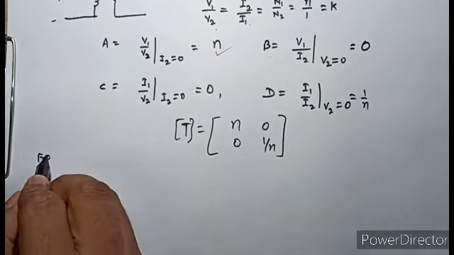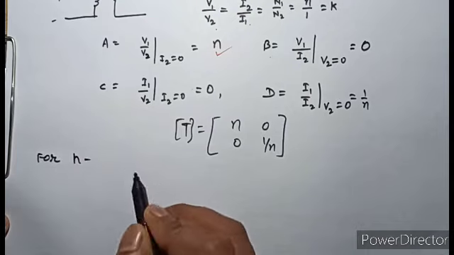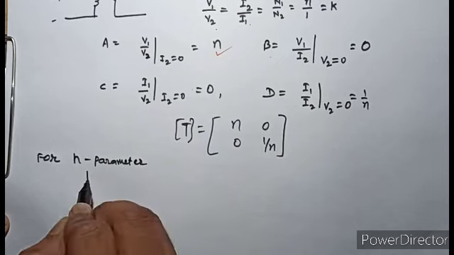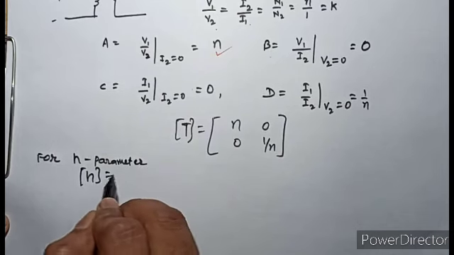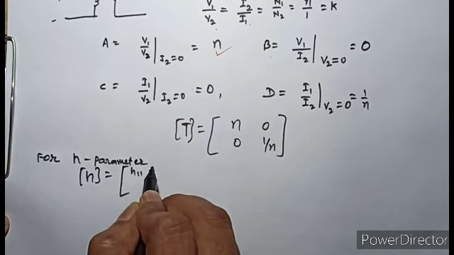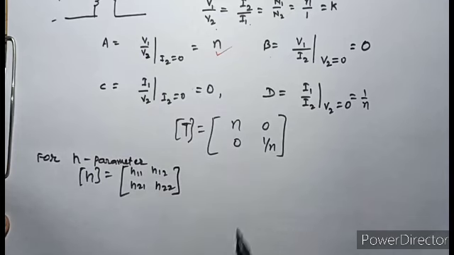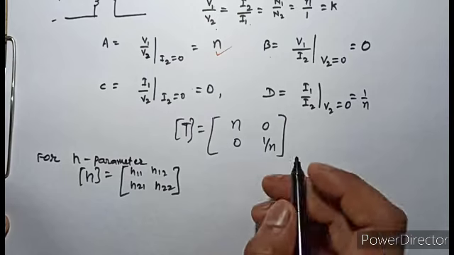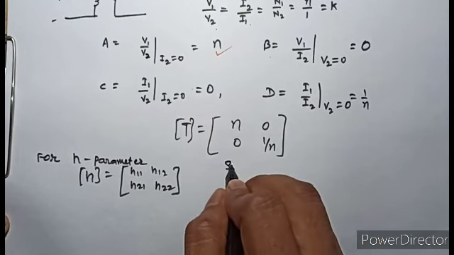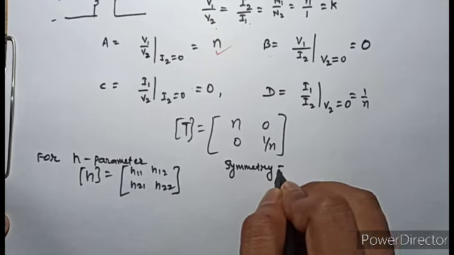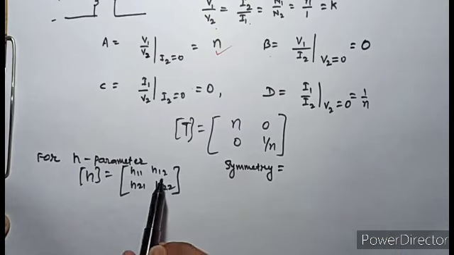So for H parameter, if H parameters are given like that, H11, H12, H21, H22, then the condition for symmetry is its determinant should be equal to 1.